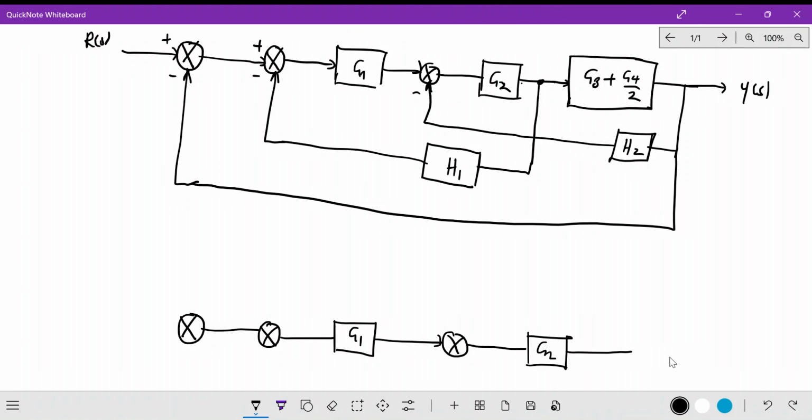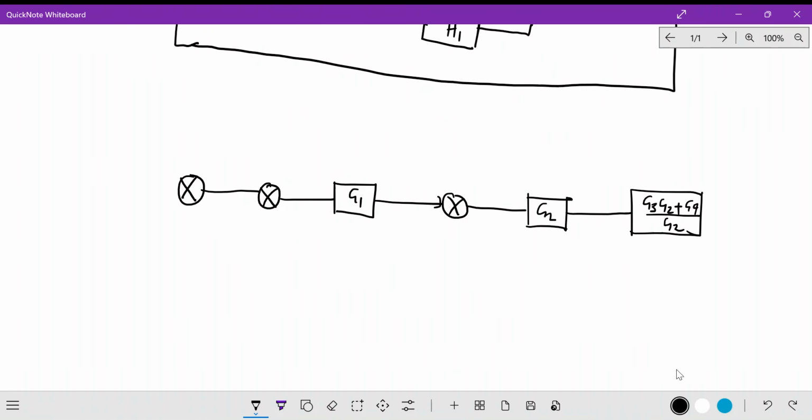And then this is that guy. This one I can simplify. I can write it as a single fraction, G3 G2 plus G4 over G2. It's the same thing, isn't it?